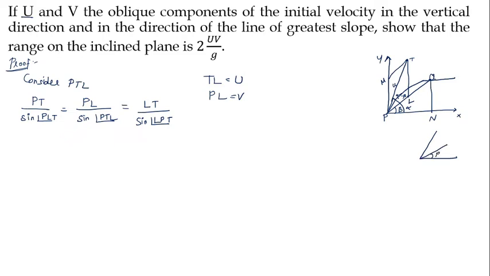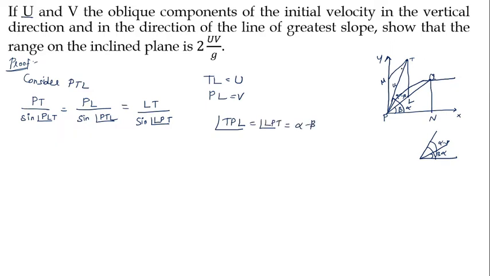These are beta and this is our alpha. The complete angle is alpha. So this will be alpha minus beta. So our angle TPL, or else we can say LPT, is alpha minus beta.